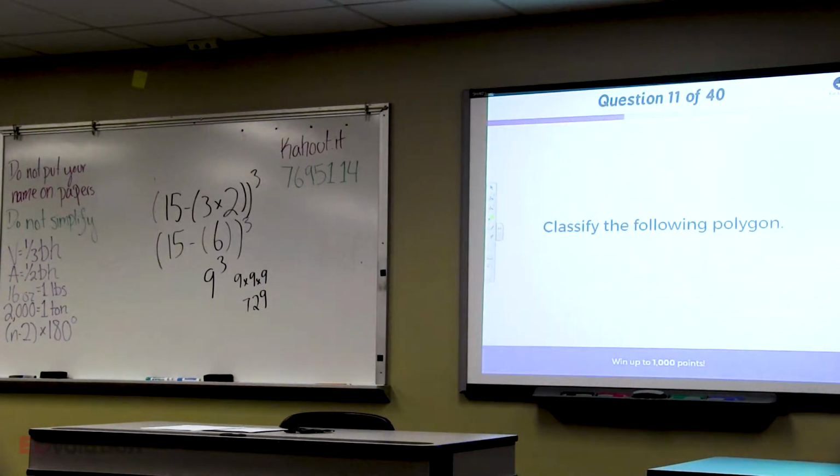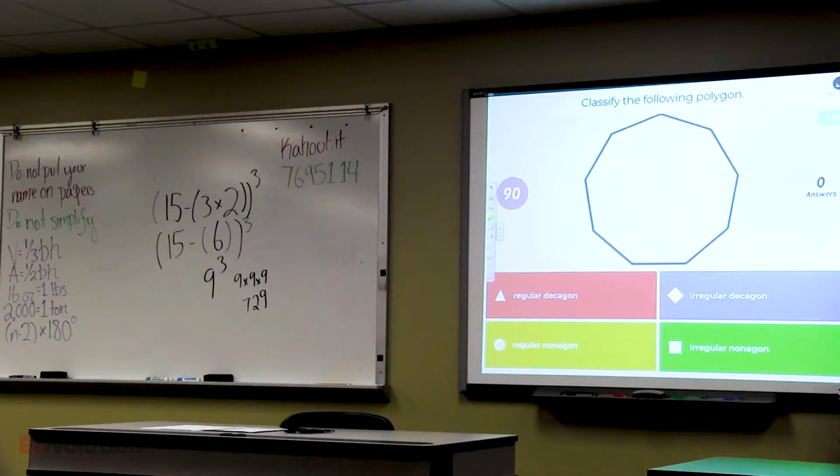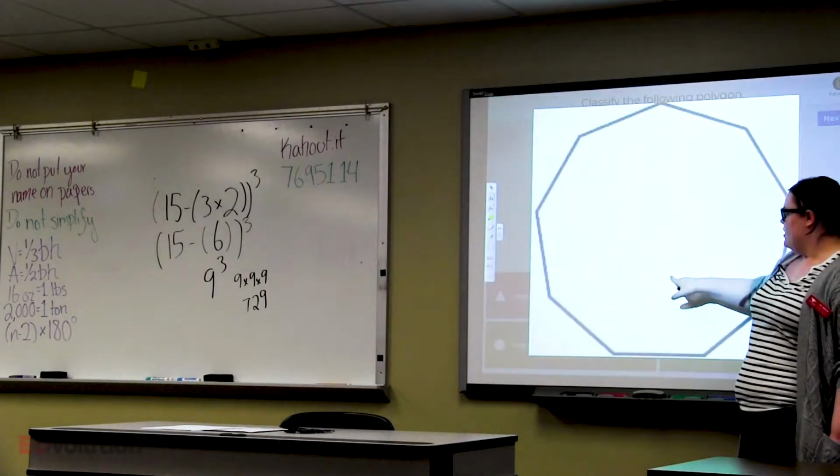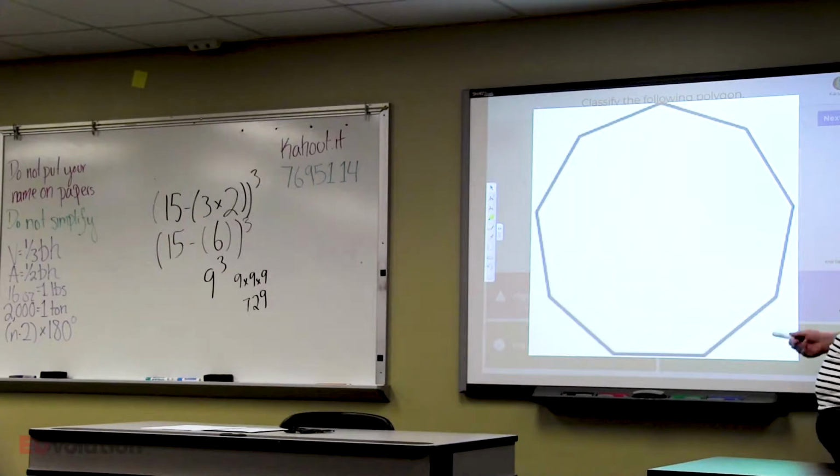Classify the following polygon. Alright, in order to classify it, we have 2 things that we're looking at. The first, we're looking at angle measures, and then we're looking at the number of sides.